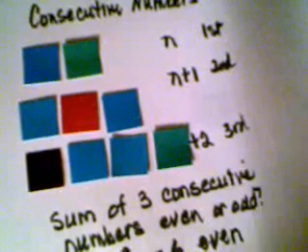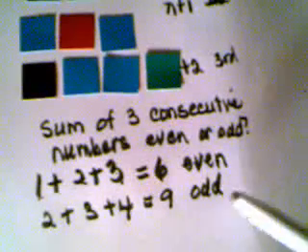So the next number would be 3, and the next number would be 4. So I'd have 2 plus 3 plus 4, which is 5 plus 4, which is 9. So the sum of 3 consecutive numbers is sometimes even, and it is sometimes odd.